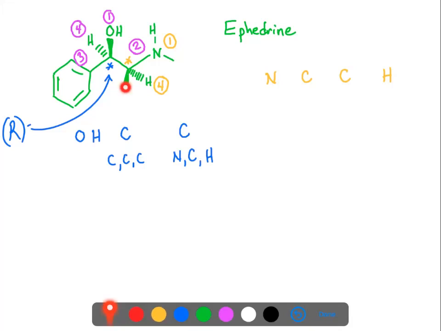Now we have to look more closely at the other two. This particular carbon is bound to 3 hydrogens, whereas the other carbon here is attached to an oxygen, a carbon, and a hydrogen. And so that's all we need to determine our first point of difference.